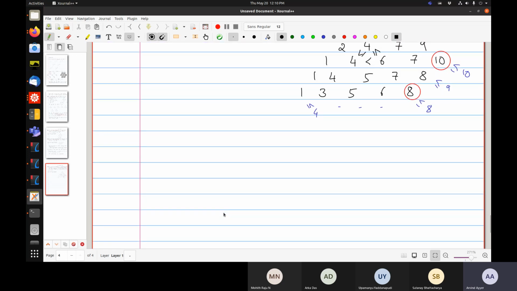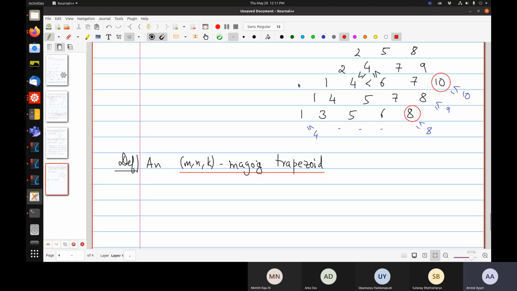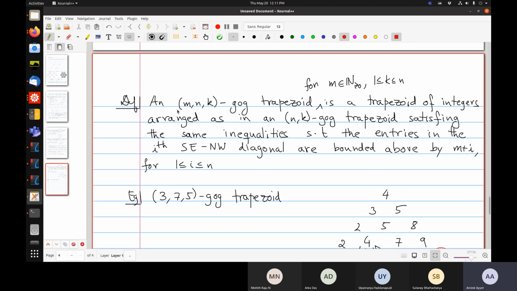Okay, and similarly, definition. An m n k Magog trapezoid. Oh, I should have highlighted this. An m n k Magog trapezoid.